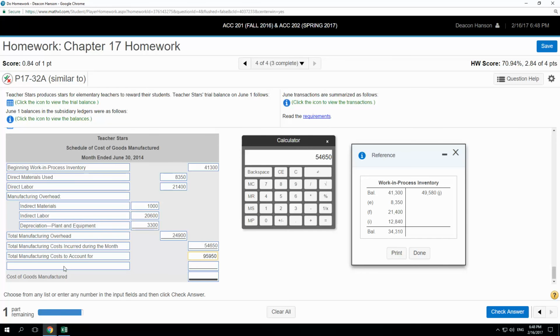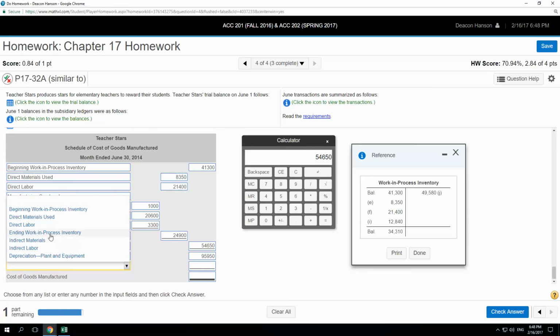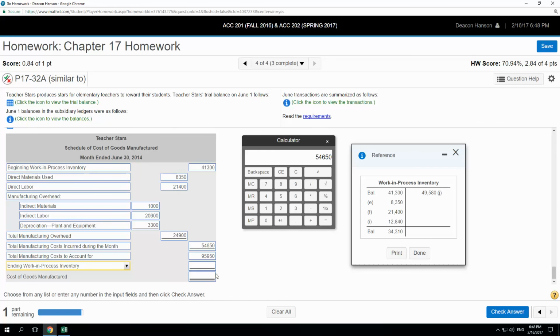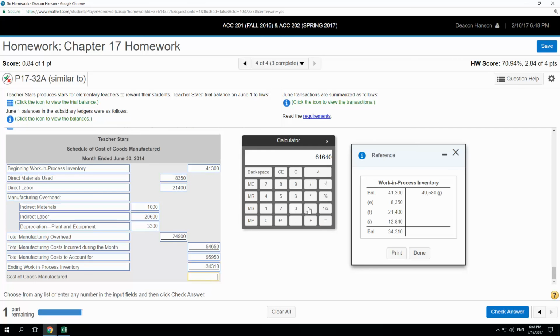And then the secret here is to subtract your ending work in process inventory. So my ending work in process inventory is 34,310. And if I subtract that from the 95,950, I get to my cost of goods manufactured, 61,640.